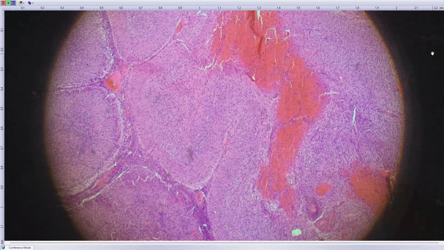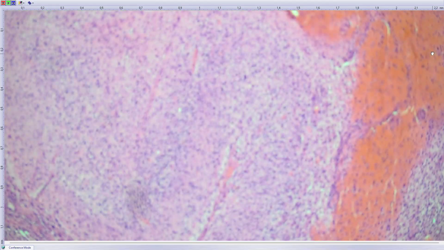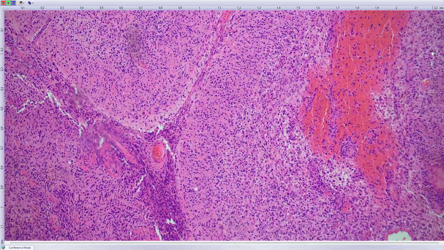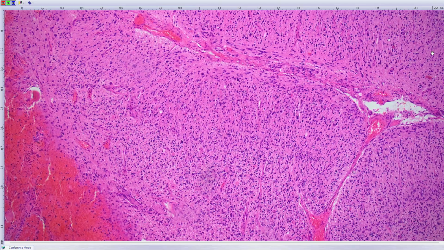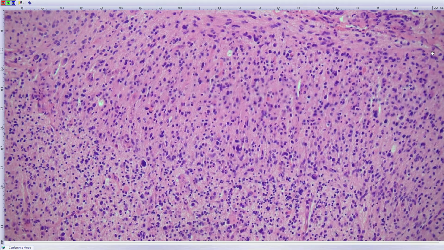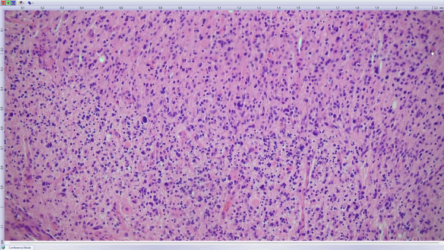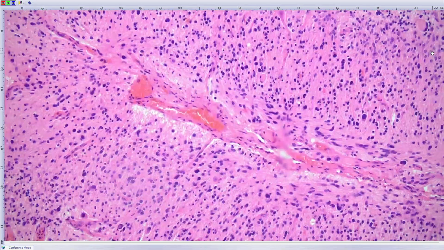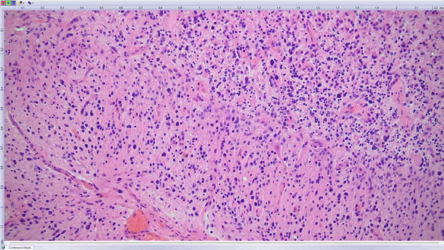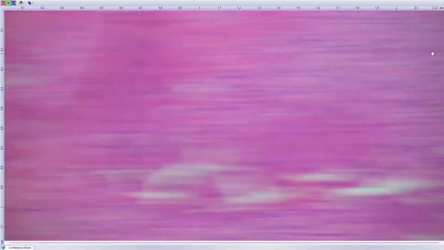You can see this. Including glioblastoma and pilocytic astrocytoma, which are completely different entities. And you can see this infiltration of the cerebellar folia here.